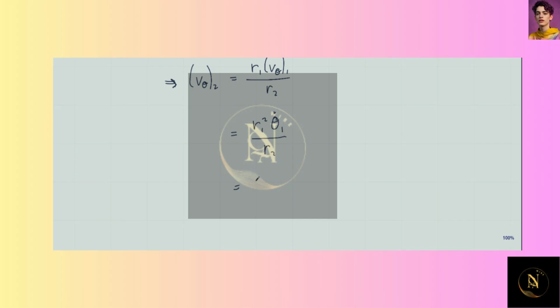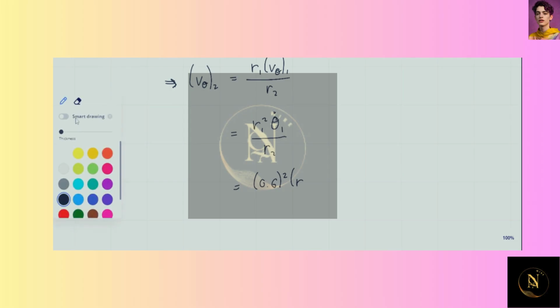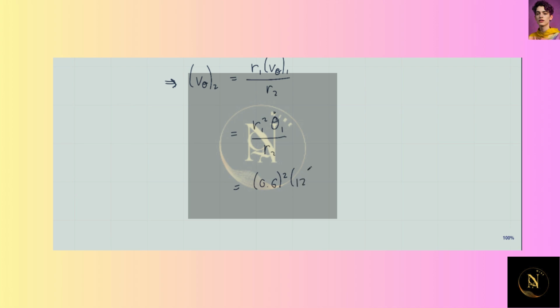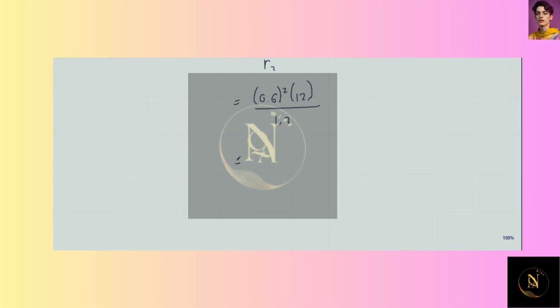And so we can substitute our values in here, 0.6 squared multiplied by the radial speed, 12 radians per second, over R2, 1.2. And hence we get that the radial component of velocity is 3.6 feet per second. So that's the final radial component of the velocity.